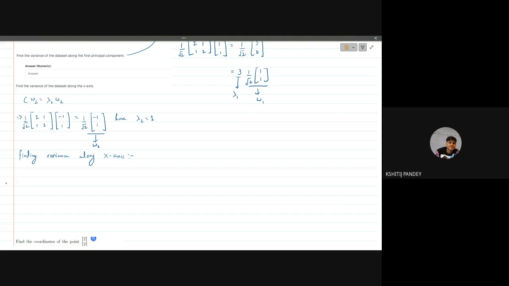We all know from the theory that the optimization problem in our hand is W transpose C W, right? And what is the solution for this? This is equal to your lambda, right? Is this clear? Do you guys remember this?